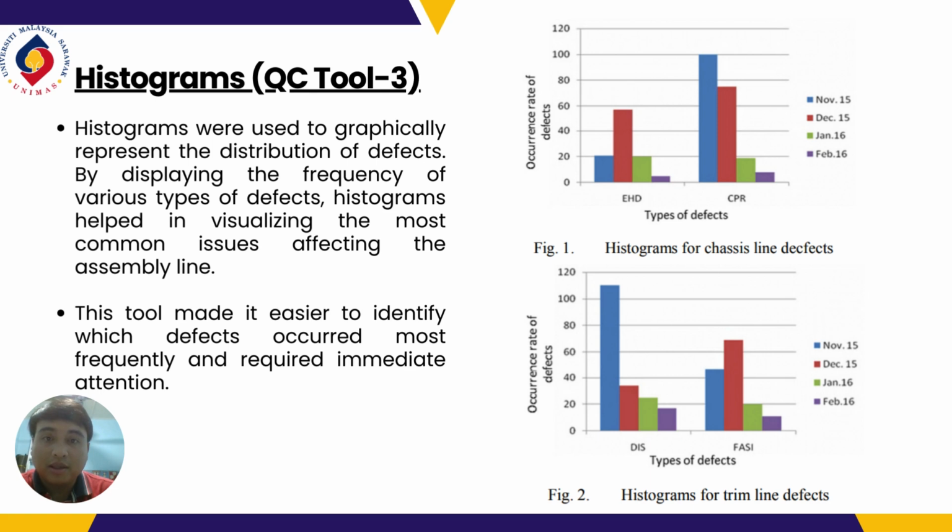As you can see from the right side figure, there are two: one is the chassis line defects, and one is the trim line defects. These tools made it easier to identify which defects occur the most frequently and require immediate attention.